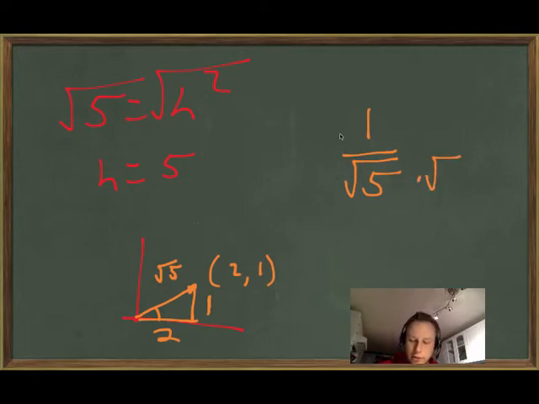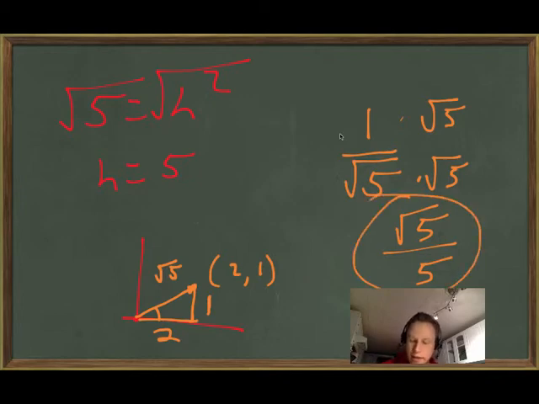No, so we multiply by square root of 5 on the bottom and the top. Then this ends up being square root of 5 over 5, and that is our sine answer. The same thing works for cosine and tangent. When we work through some of these problems, there are a couple of different things I'll show you as we get to them, but this is pretty much the bulk of how it works.